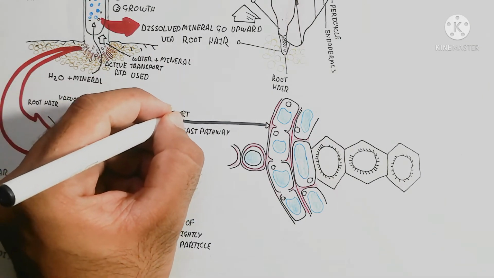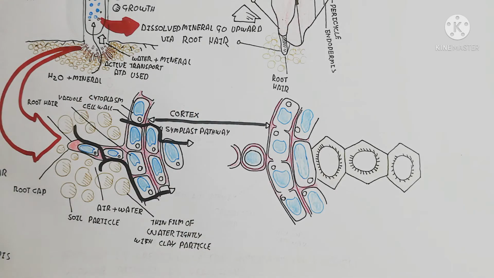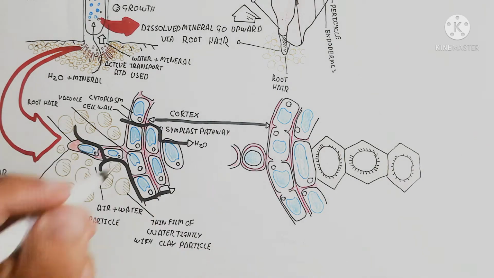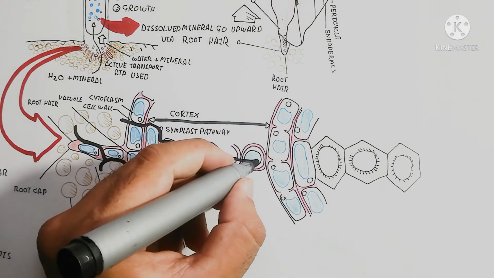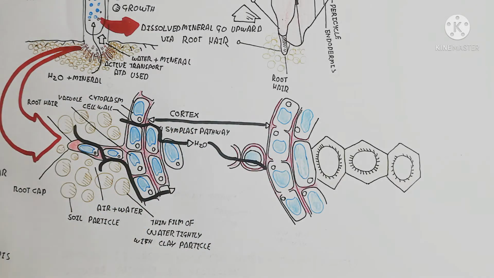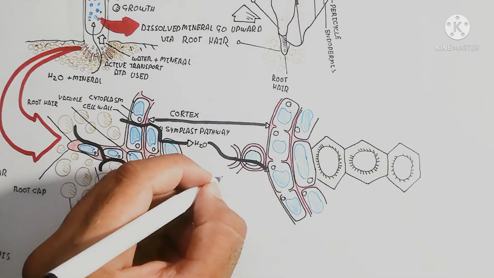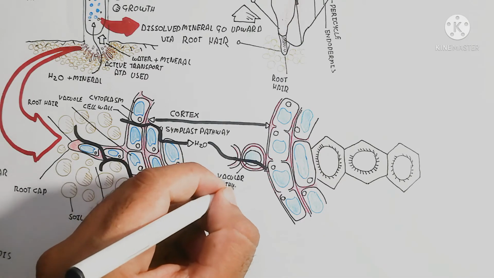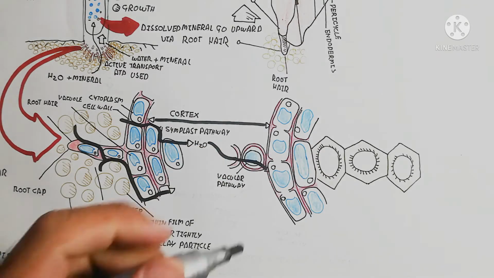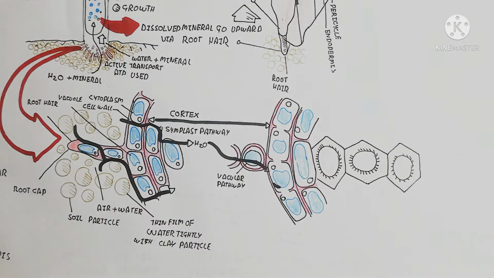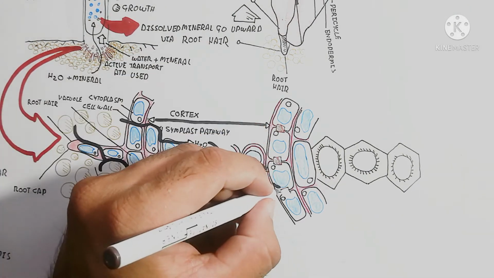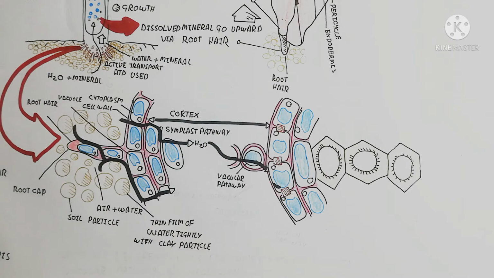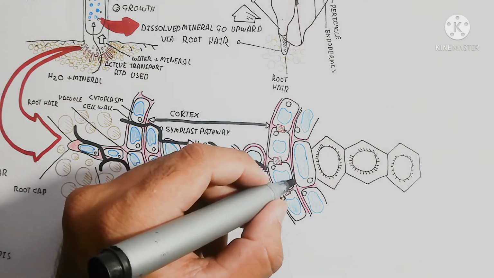The apoplast pathway is of greater value for water and mineral solutes, and the vacuolar pathway is negligible. The apoplast pathway is mainly used because in the vacuolar pathway the vacuole already contains water, so that is not good for it, while in the symplast pathway the minerals and water move easily.